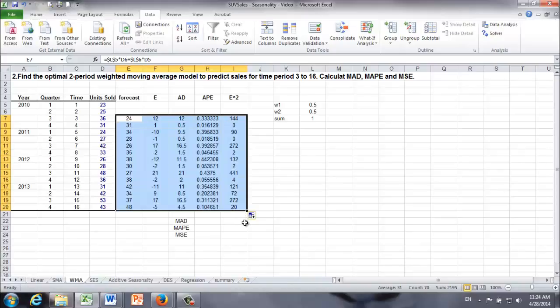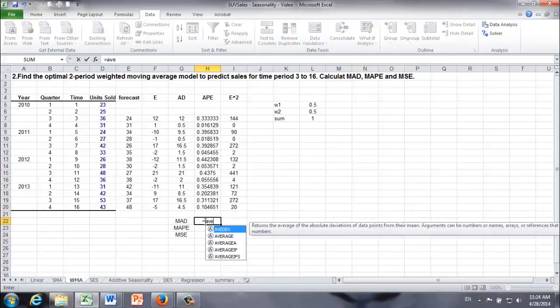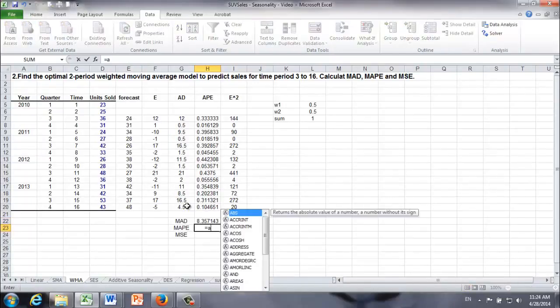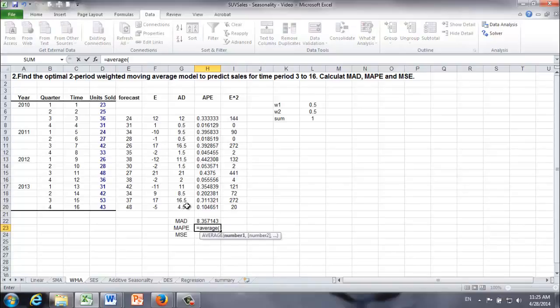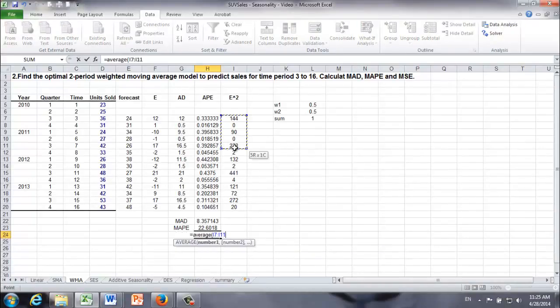Here it is. We're going to calculate MAD the same way we did earlier. It's the average of all those absolute deviations, and MAPE is the average of all the APEs times 100. In the end, MSE is the average of all the squared forecast errors.